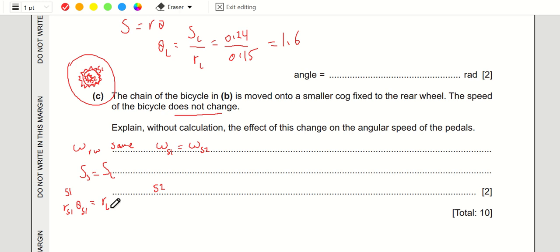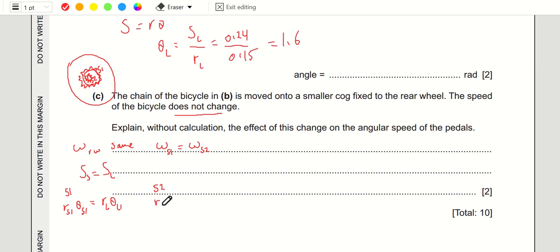I'm not going to write a subscript 1 or 2 for the large cog radius because the large cog hasn't changed, and theta large will be theta large cog 1, because after the change to small cog 2, theta large cog 2 will be different from that of 1.